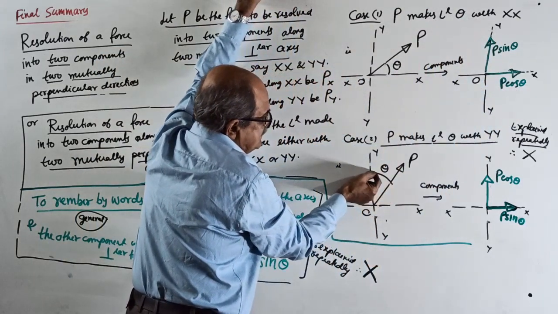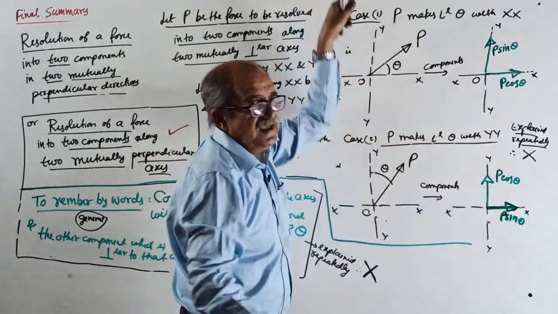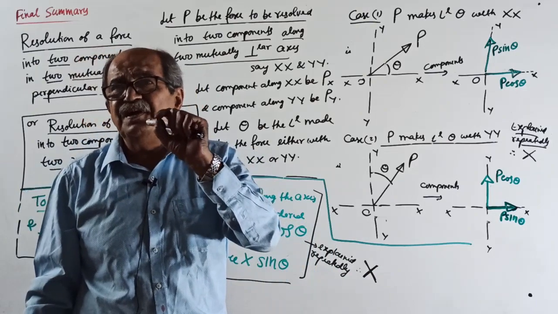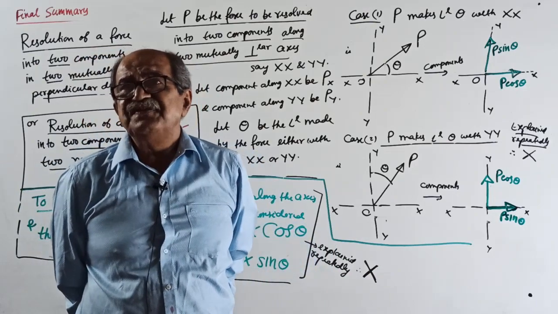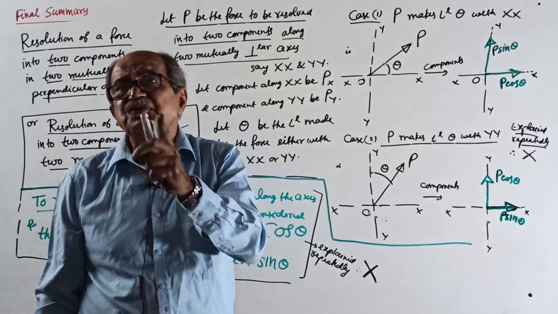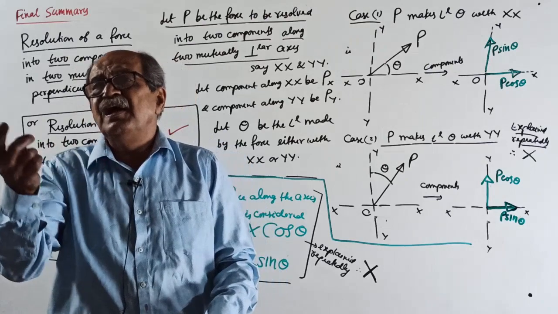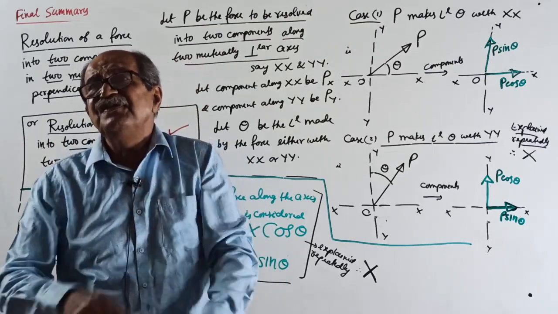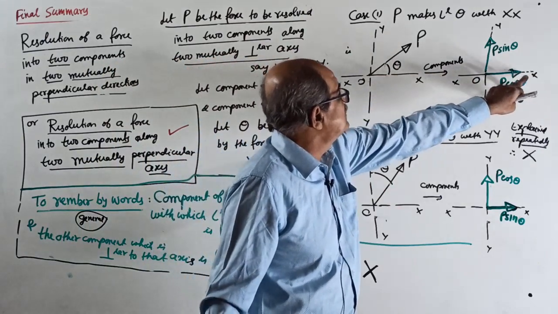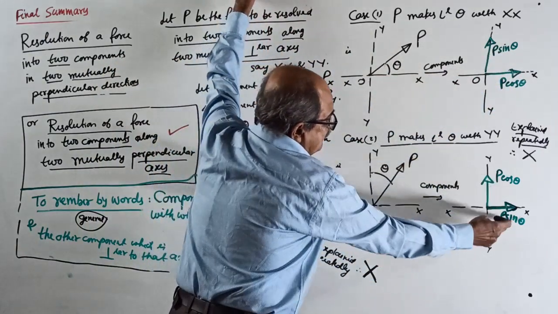Here force P makes angle theta with y, so y is cos, x-axis is sine. Lastly, firmly decide with which axis you want to consider the angle. With which axis you consider the angle is cos, and the perpendicular one along the other axis is sine. Angle theta with x: cos, y: sine. Angle theta with y: cos, x: sine.